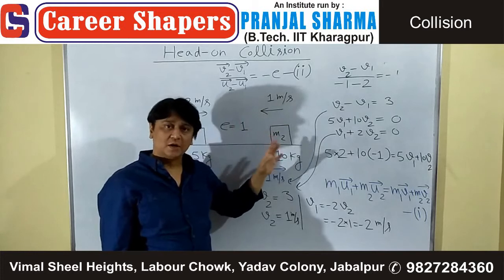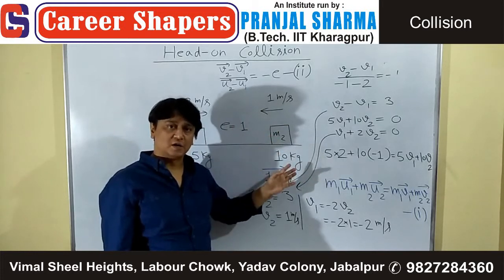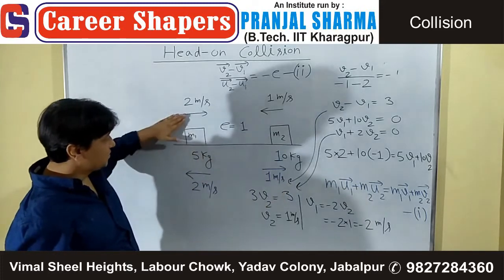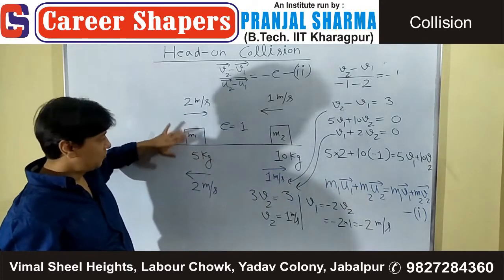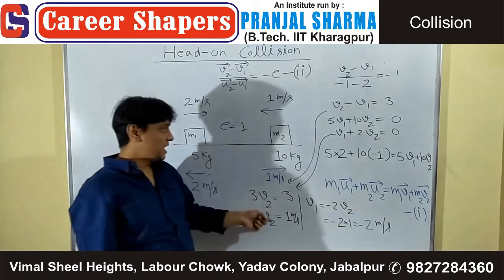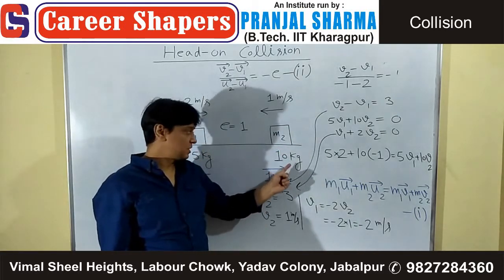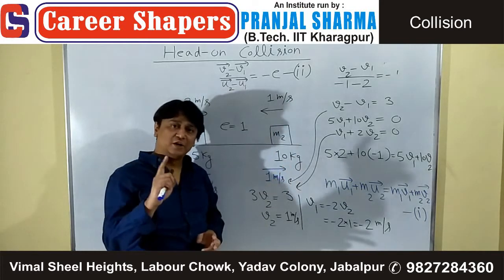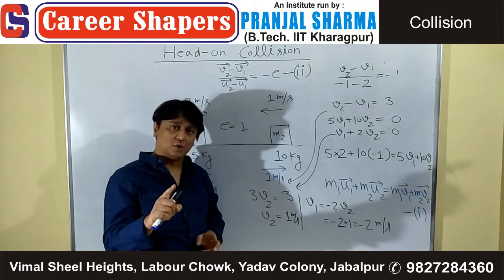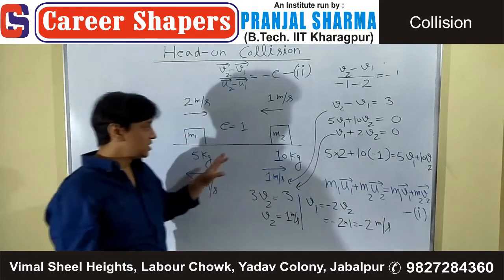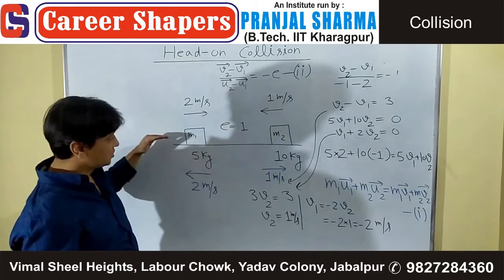Initial linear momentum is 0. Whatever linear momentum is present with M1, negative of that is present with M2. The masses are not equal, but their magnitudes of linear momentum are equal, and their linear momenta are in opposite directions.